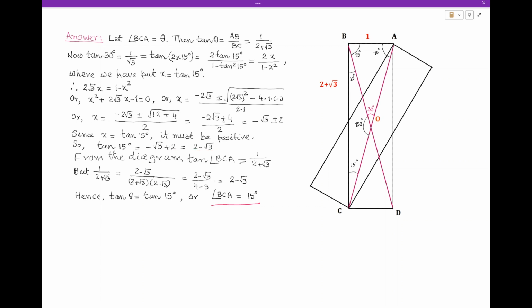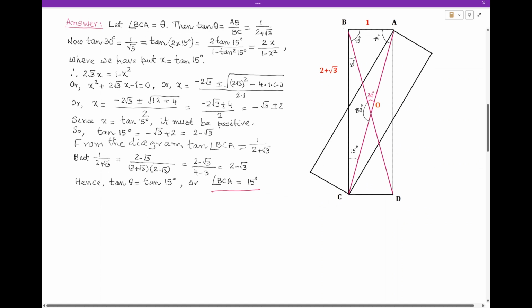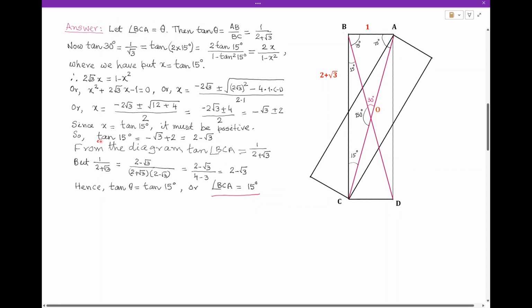The other value, that is minus 2 square root of 3 minus 4, becomes negative and therefore has to be discarded. So finally, we get tan 15 degree is 2 minus square root of 3.